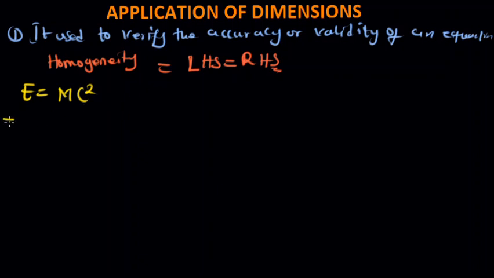We already know that the dimension of energy, which is the same as work, is ML^2T^-2. So that is the dimension of energy, which we can put in square brackets. But we know this as what? m is just mass, times the speed of light c. C is speed.